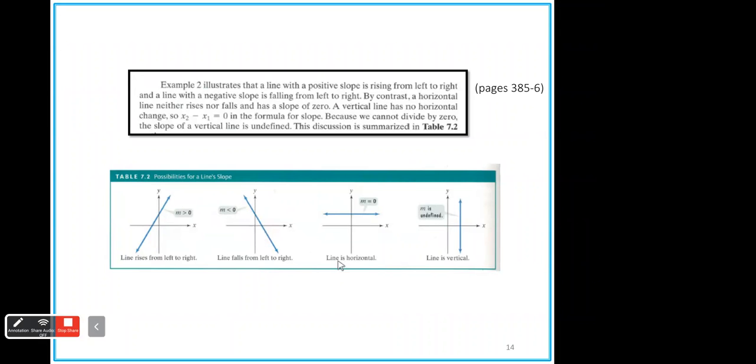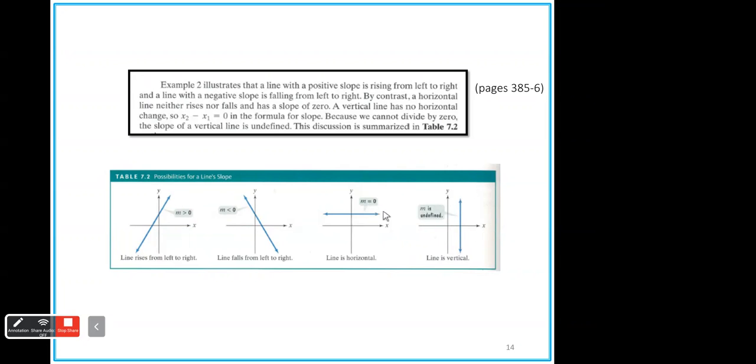Now, lines that are horizontal, they have no slope. Okay, so the slope is equal to 0. Lines that are vertical, their slope is undefined. So you won't be able to work out a slope for a vertical line. There's no such thing as a slope for a vertical line.